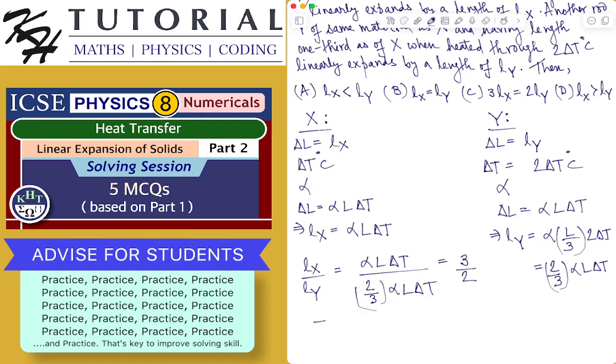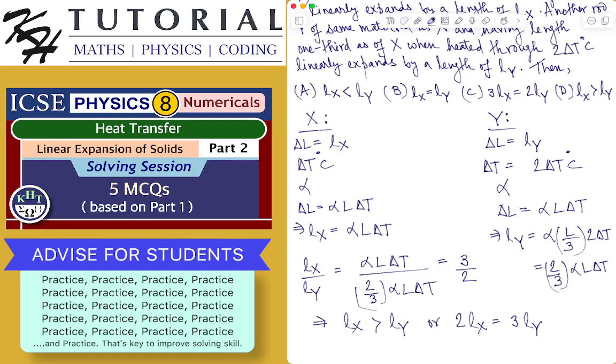This clearly implies that Lx is greater than Ly. Or we can say that, doing cross multiplication, 2 times Lx is equal to 3 times Ly. Now we have to see the choices.